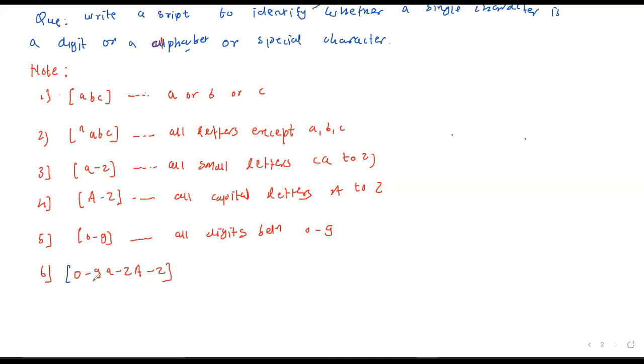There is no space, 0 to 9, then we give range for small letter a to z and then capital A to Z. So we have all digits and letters in uppercase and small case, both. All digits and letters. So I will write a script for this.